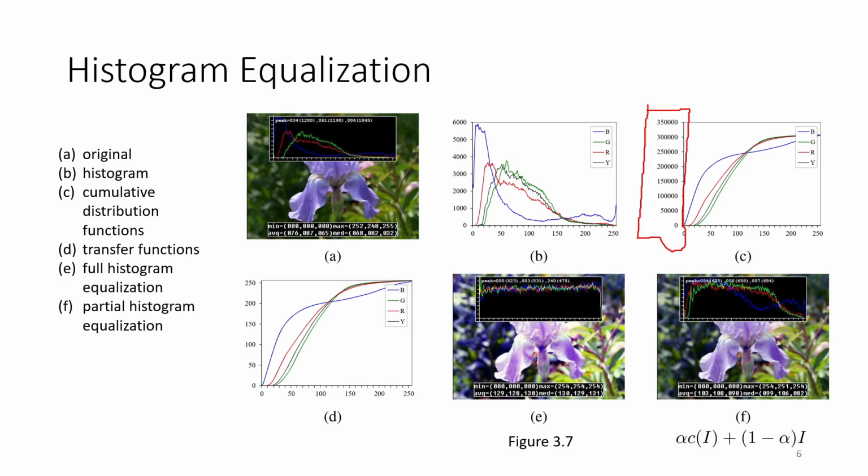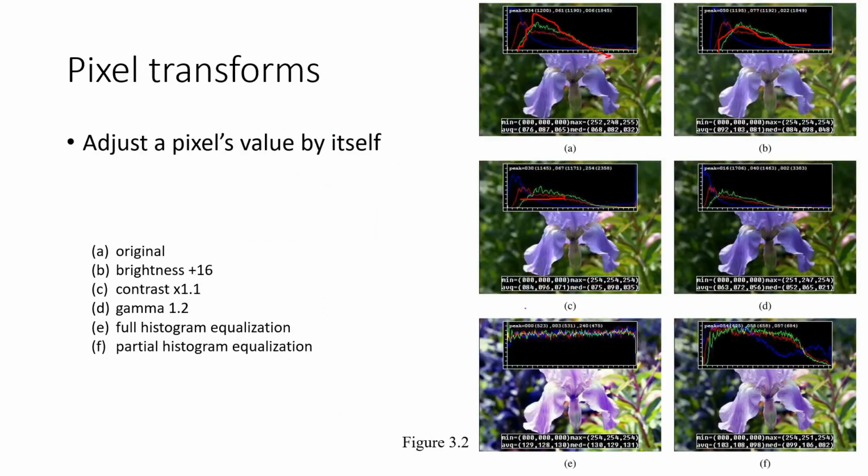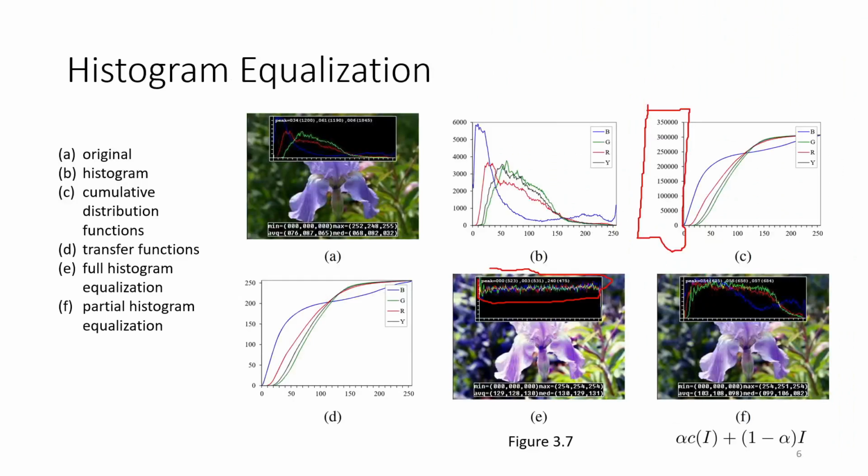So here you can see it becomes quite bright, and its histogram shown in this chart is equalized region by region. This is called histogram equalization. And in this slide, we saw the partial equalization here. Partial equalization means we have a factor alpha.